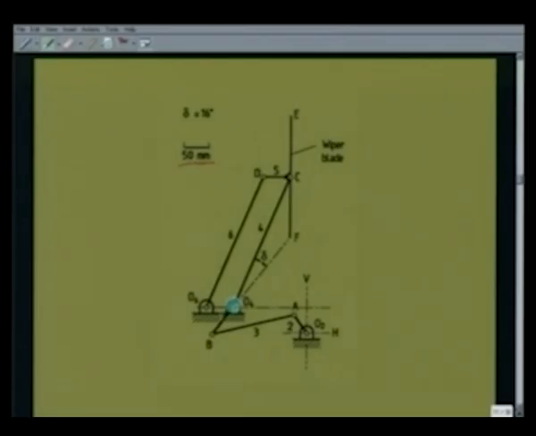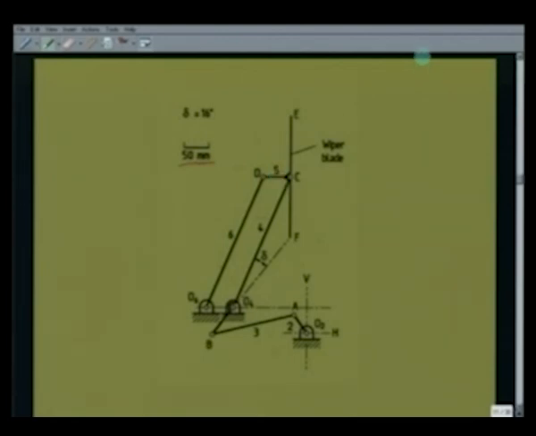And the second 4R mechanism, that is O4, C, D, O6, is in the form of a parallelogram. O4C is the same length as O6D, and length CD is the same as length O6O4. And this wiper blade is an integral part of the coupler of this parallelogram linkage, that is link number 5. The wiper blade is the same as link number 5.